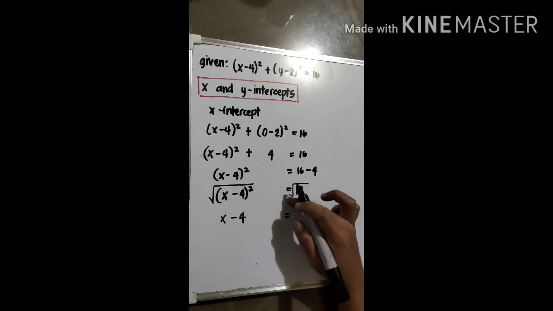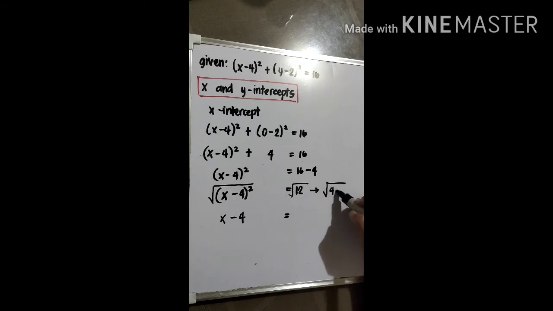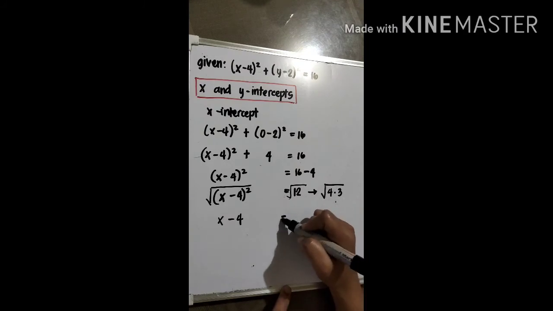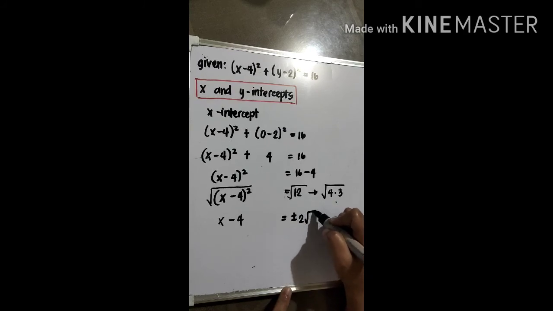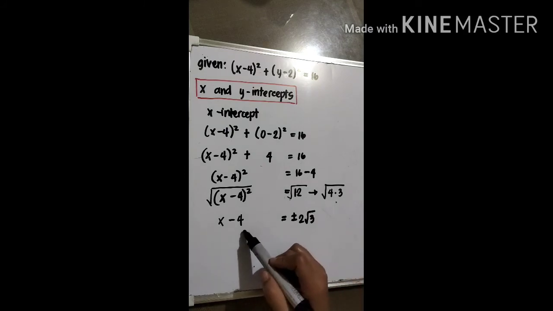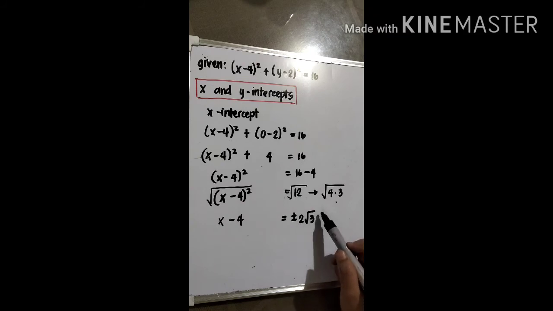Now the square root of 12 is equal to the square root of 4 times 3. Now 4 here is a perfect square, so we can extract its square root, positive negative 2 square root of 3. So we have now x minus 4 is equal to positive and negative 2 square root of 3.